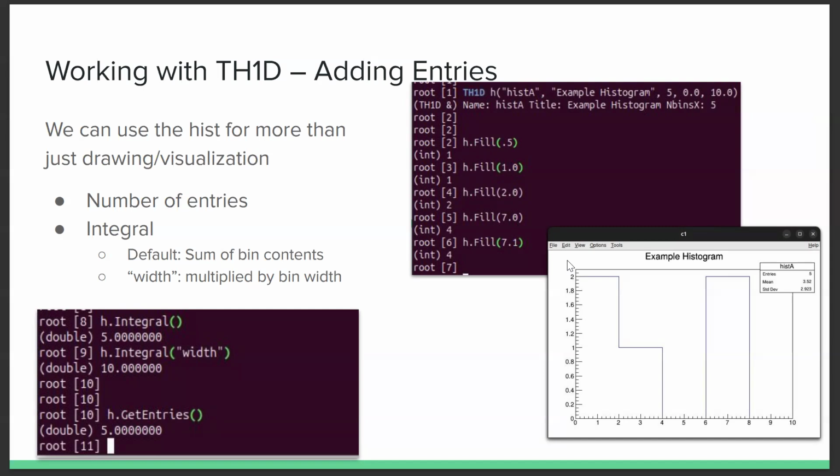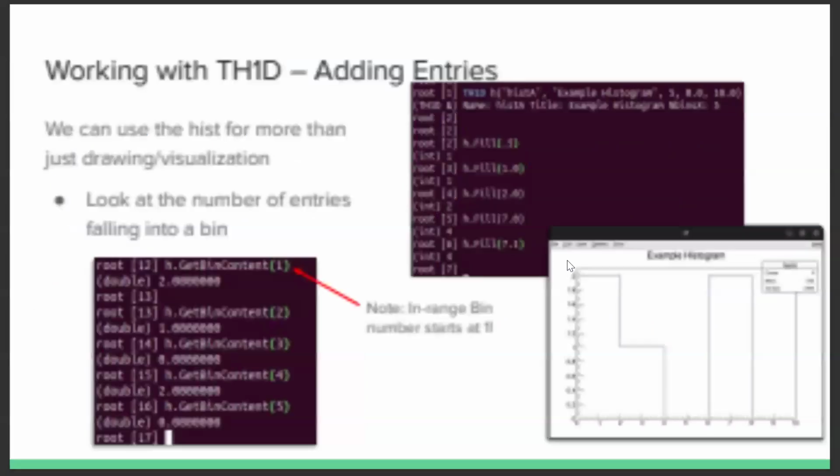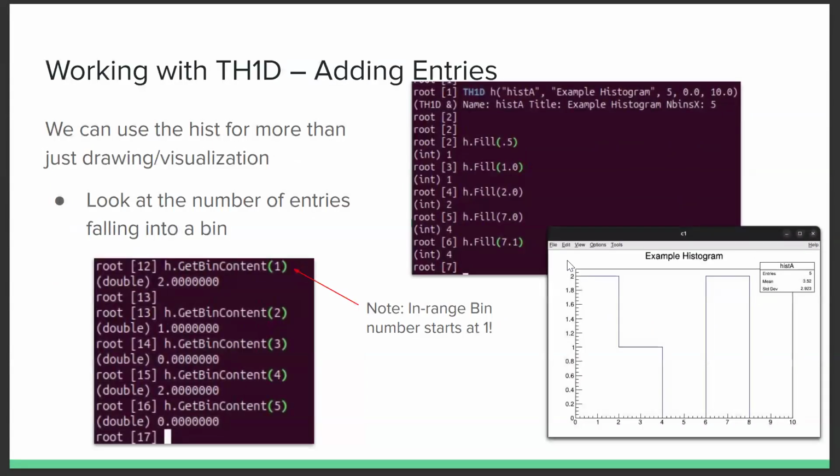You can also look at the number of entries. So these are the number of times I've called the fill method. You can see it returns 5 times. And you can also look at the specific number of entries falling into a given bin. So you just say histogram get bin content, and then you give it the bin number. And I want to make a note that the normal bin numbering starts at 1.